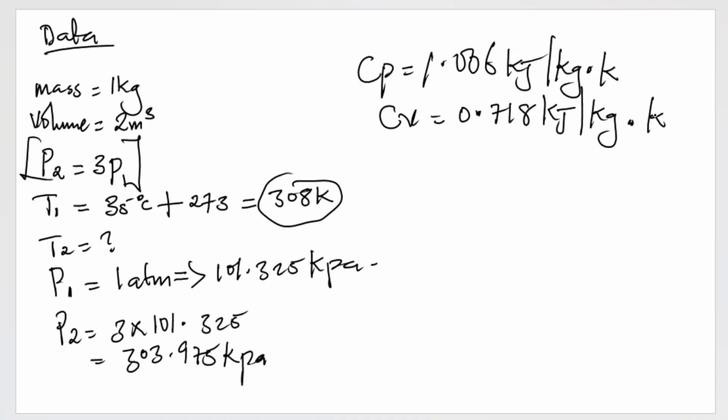Are we together? So we've succeeded in getting P1, P2, and T1. Now your interest is to get T2. Remember, before we calculate for T2, we first need to consider what process this is.